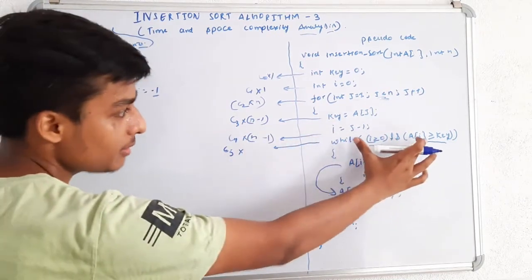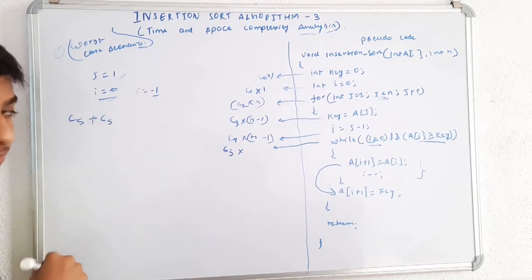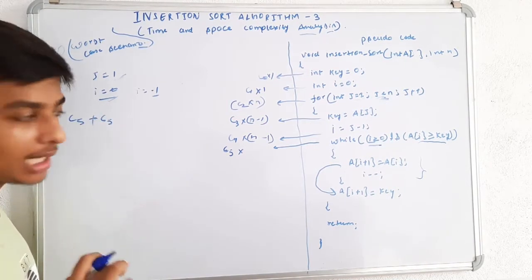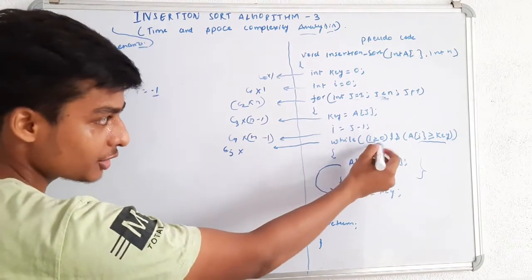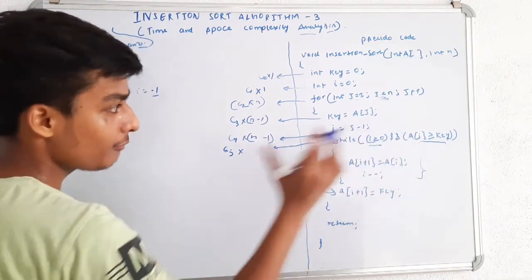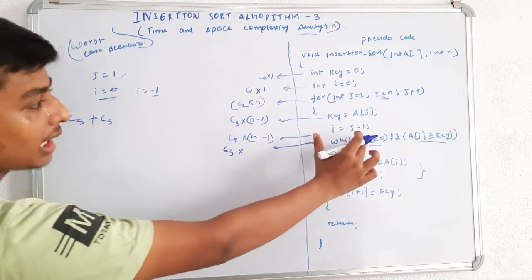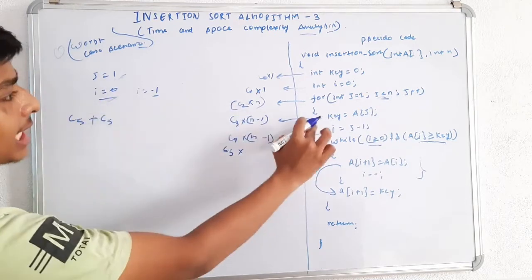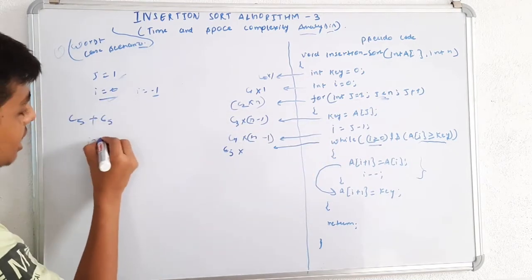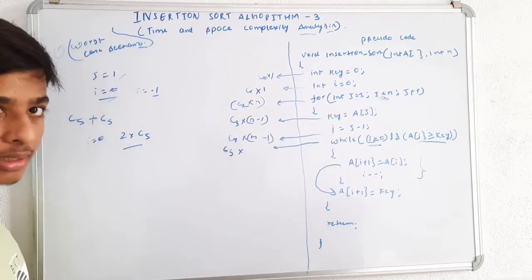That means this statement has been executed one more time, so I am going to write c5 one more time, right? And this condition is false now, so it will come out of the while loop. That means this statement will not be executed more. So what is the total running time when i equals 0? The running time of this statement is 2 into c5.